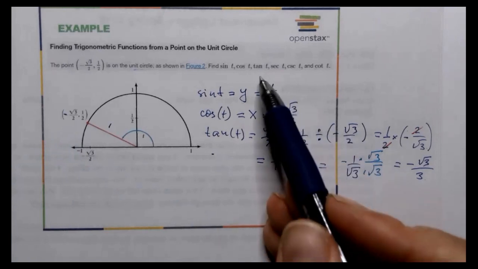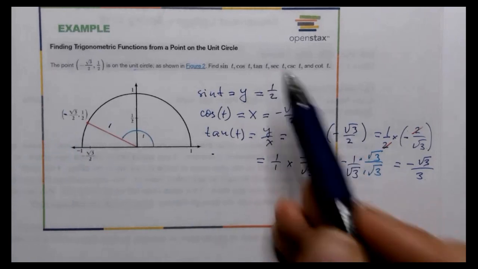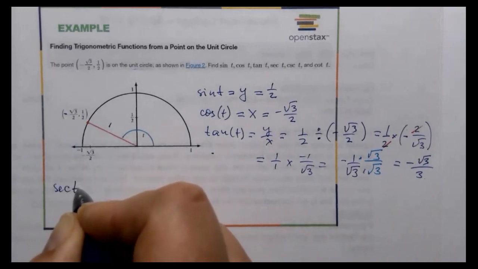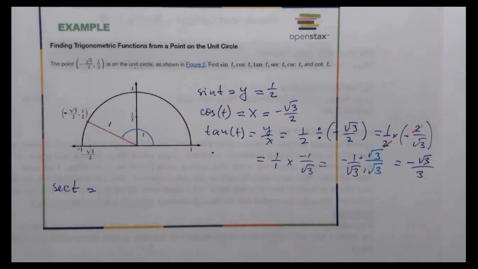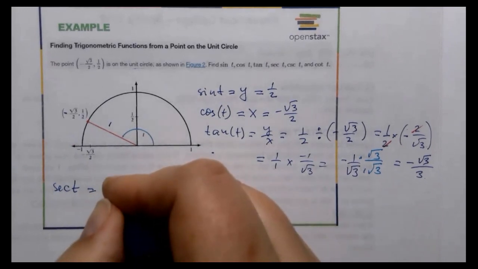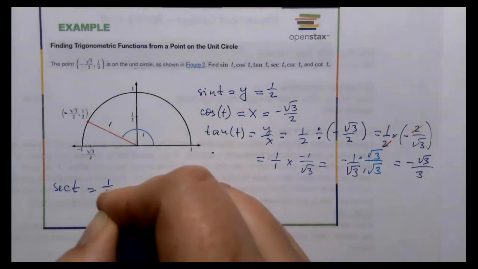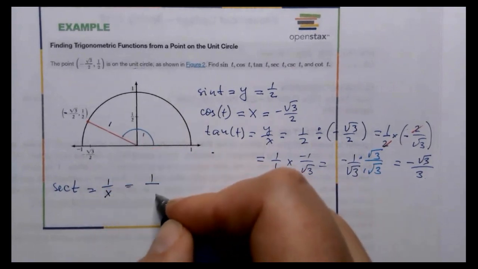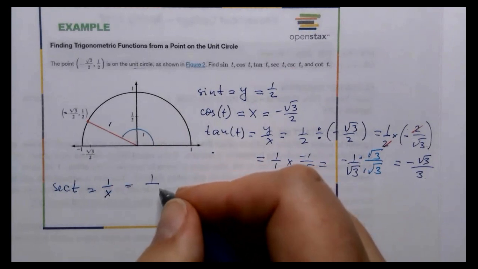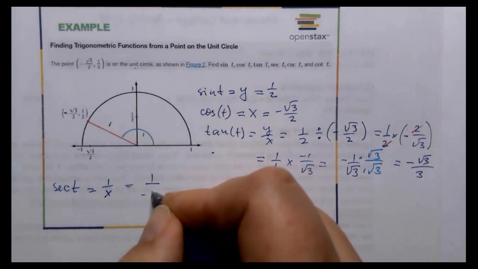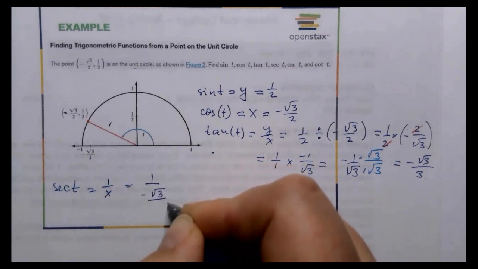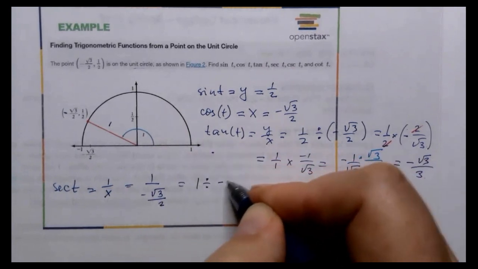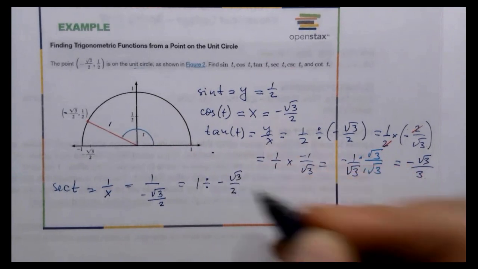Let's proceed to secant. Secant is 1 divided by x. It's going to look nasty, but basically it's 1 divided by negative root of 3 over 2.